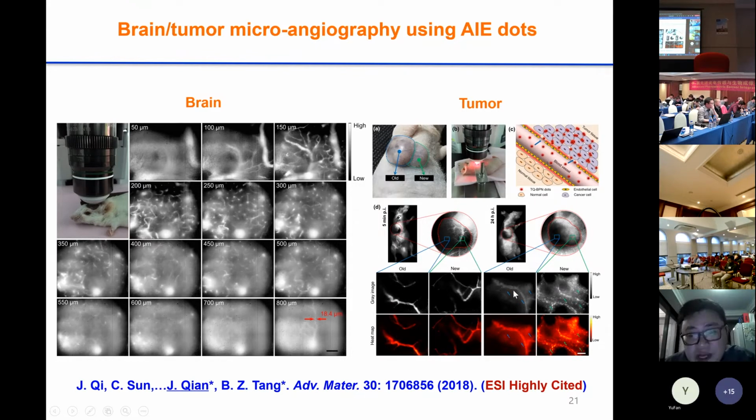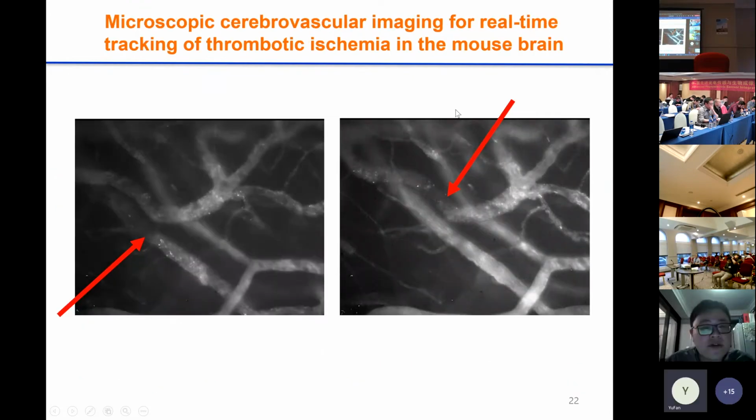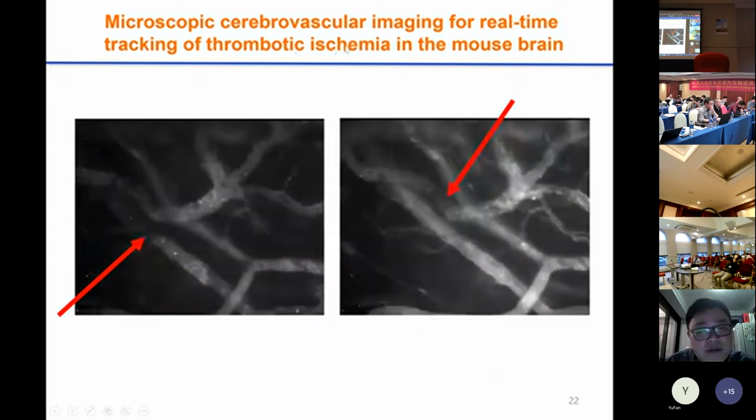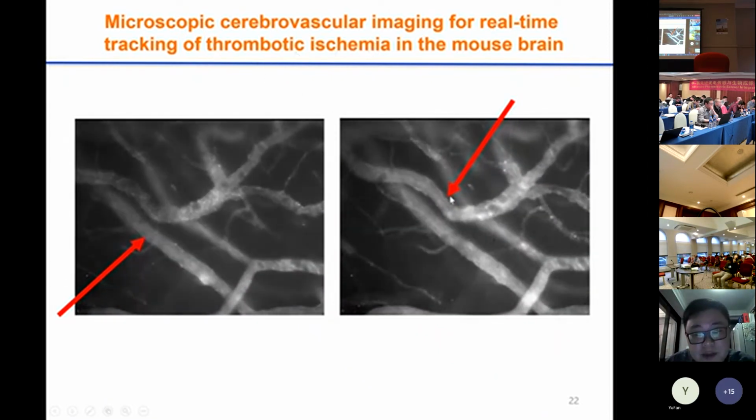But for the old tumor, almost all the AIE dots are located in the blood vessels, so they are quite different.